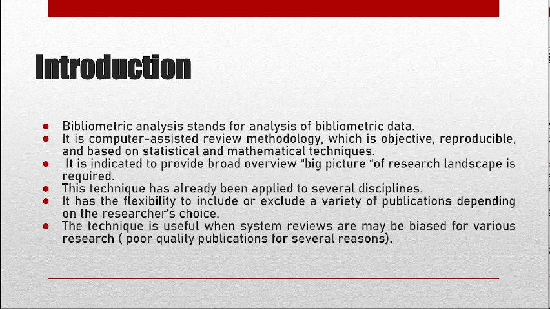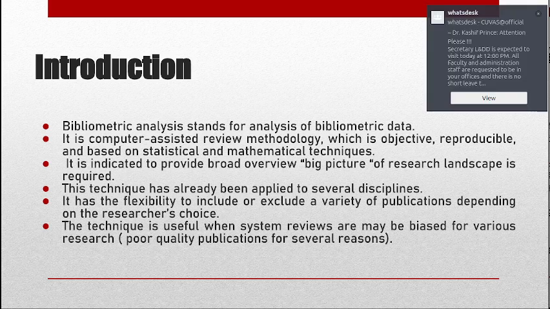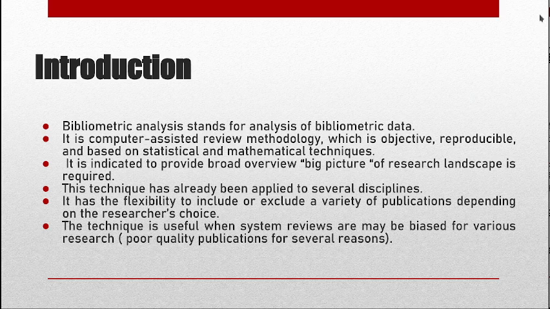In a systematic review, the researcher has a very focused, precise question that they want to answer. But bibliometric analysis is indicated when you have a broad field and your research question is very broad. For example, my research question is how geospatial analysis was used in veterinary epidemiology, which is a broad field.